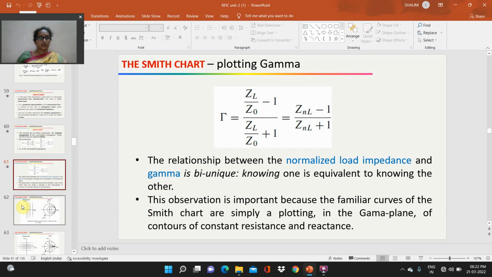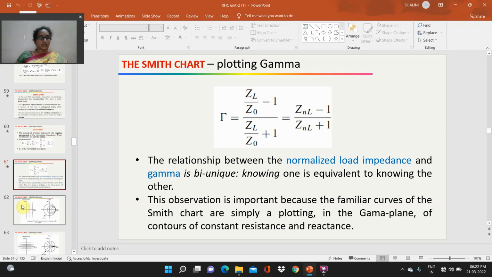The relationship between the normalized load impedance and gamma is unique. Knowing one is equivalent to knowing the other.